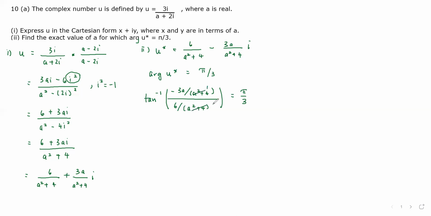We can actually cancel this to be a 1, so that the arctangent of negative a over 2 is pi over 3, or negative a over 2 is tangent pi over 3. Tangent pi over 3 is square root of 3. We have negative a over 2 equals square root of 3, so that a is negative 2 square root of 3.